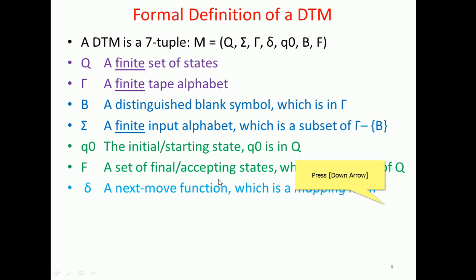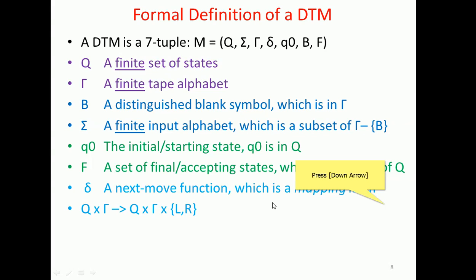Delta is the transition function, which helps to move to the next state. It is a mapping from the Cartesian product, Q into tape symbol, that is lambda, to Q into lambda into left and right, including left and right.